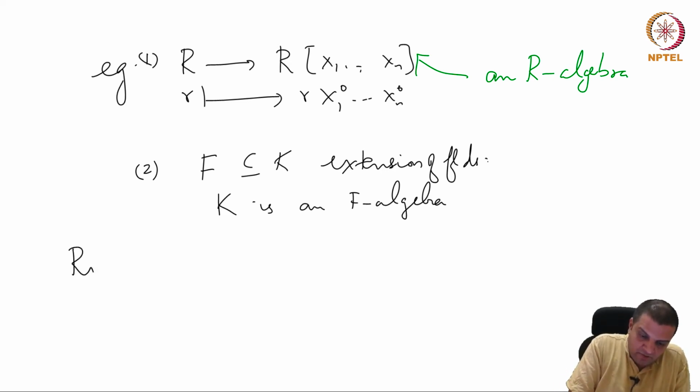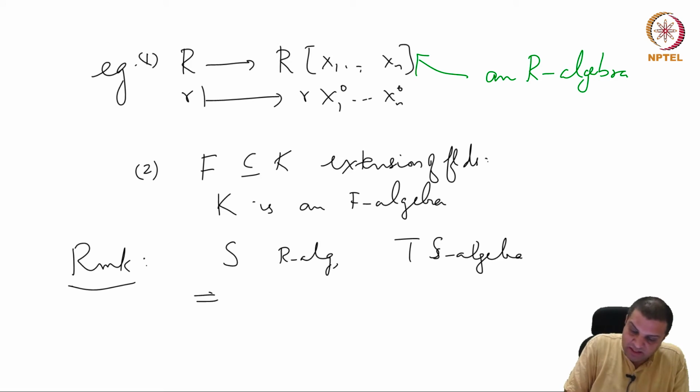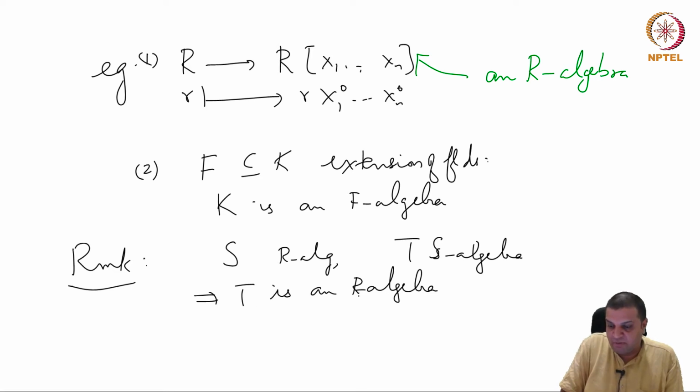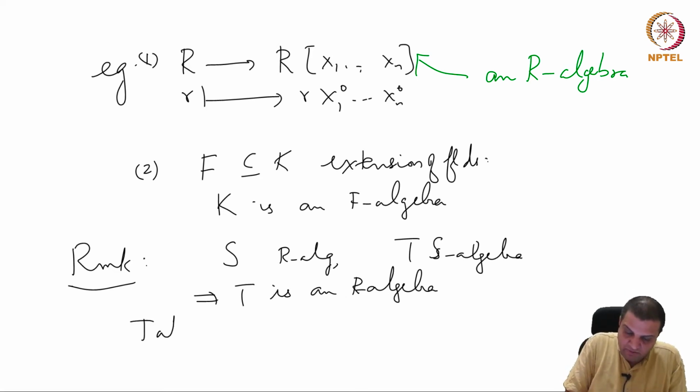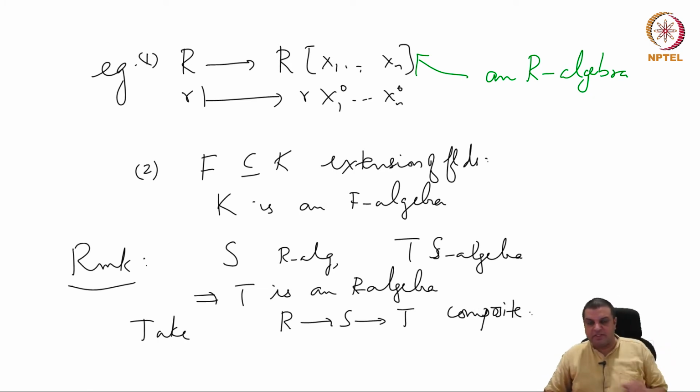And a remark: if S is an R-algebra and T is an S-algebra, this implies that T is an R-algebra in a natural way. And what is that? It's a ring, so what we need to specify is a ring map from R to T, and for that take the composite map. Okay, so that makes T an R-algebra.